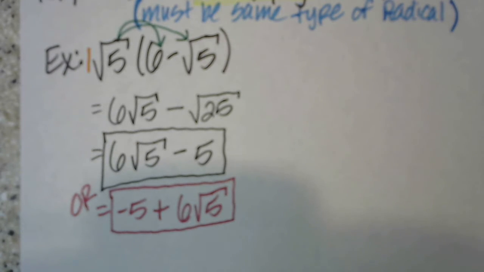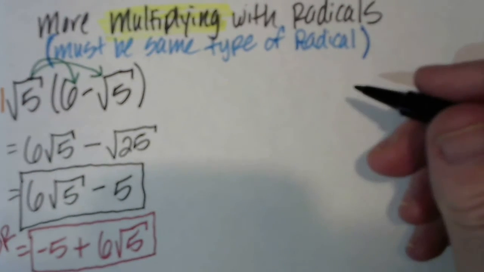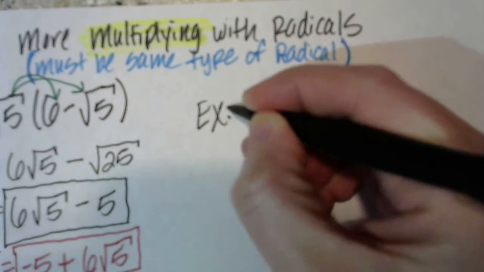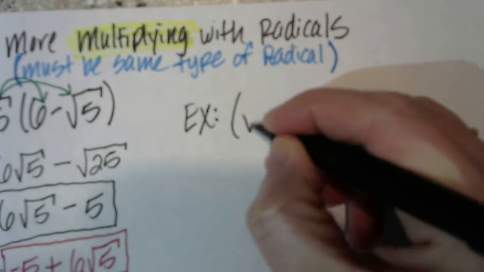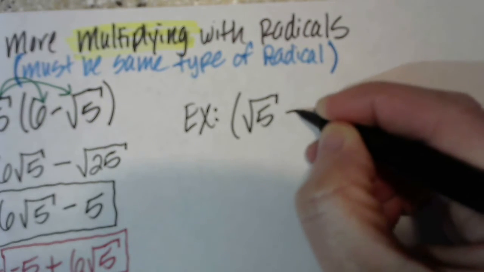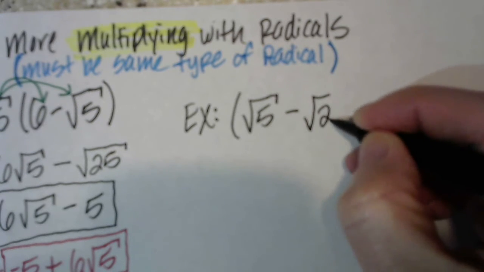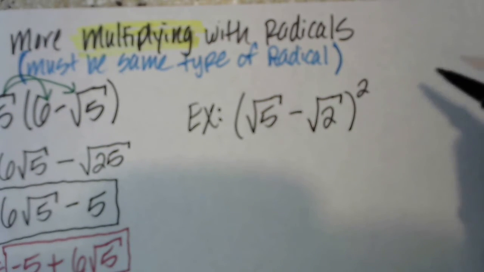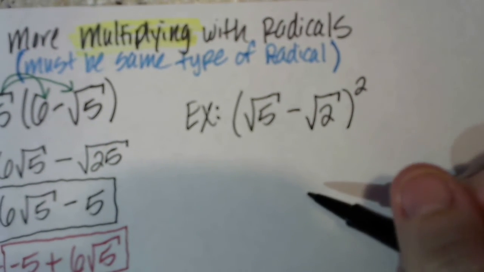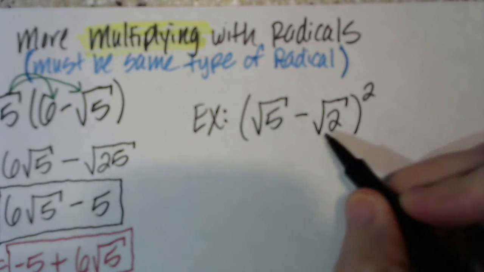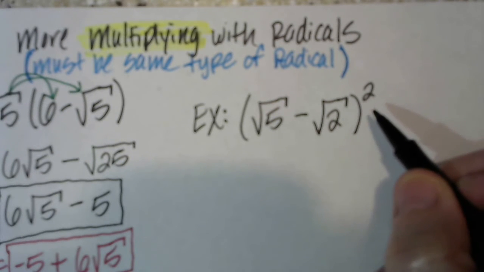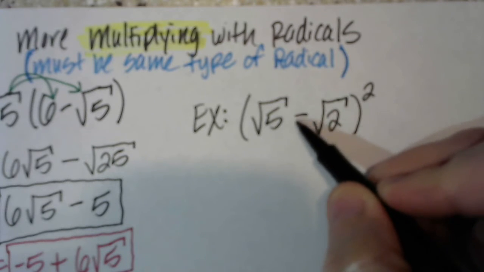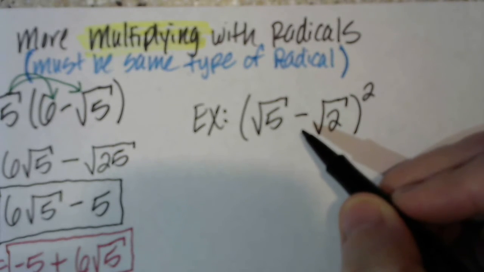This was just regular distribution, okay, but sometimes we have a more advanced kind of distribution. Some of you may remember this from earlier lessons. This is a quantity squared. So I can't just distribute the 2 in here because now I have addition and subtraction involved.